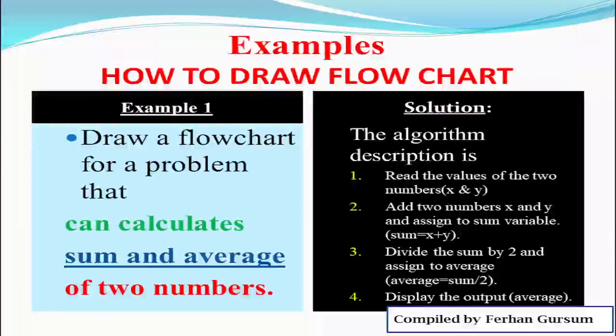It also asks for the average, so after you get the sum, it's easy. You divide the sum by 2 and assign to average, which means average equals sum over 2. And the last step, nothing remains, just displaying the output, which means average. Let us draw the flowchart for this.